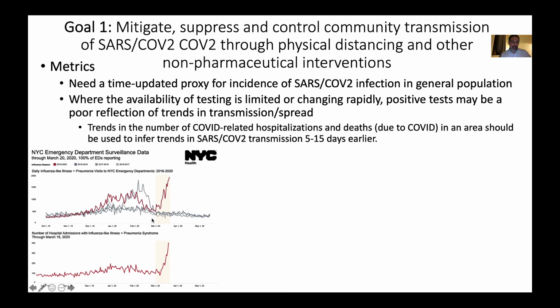And that's emergency department visits, and down here what we're seeing are actual hospitalizations. So these are severe cases of SARS-CoV-2. And what's happening here is reflecting what was going on with SARS-CoV-2 transmission and incidence some days earlier, but still very timely. These data come out every day, and they're up to date, and the health department puts them out on the web pretty quickly, like the next day, so that people can keep an eye on the trends.